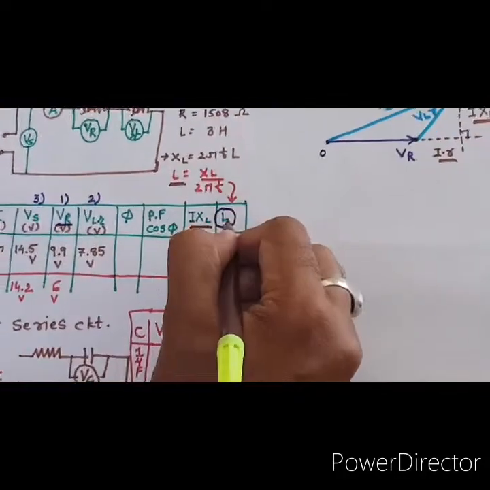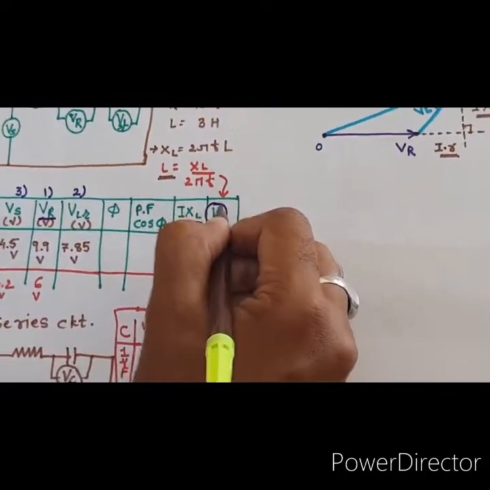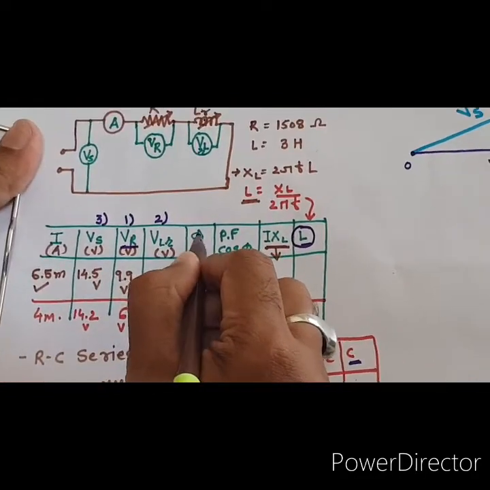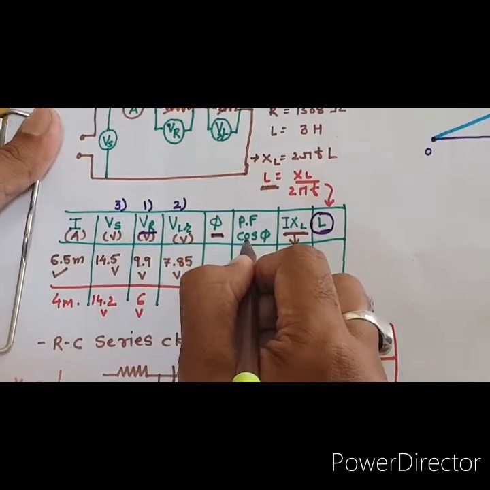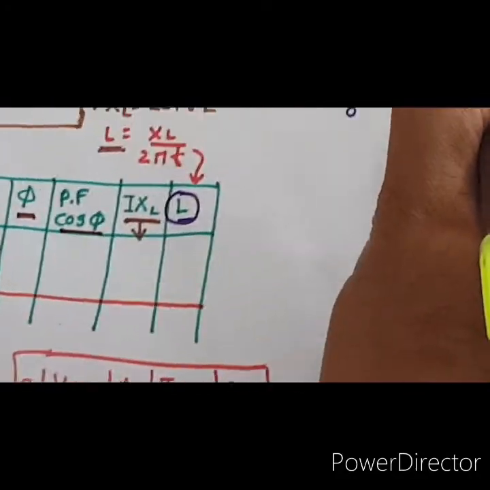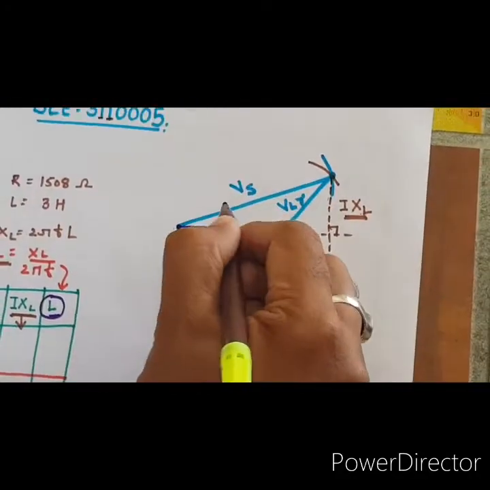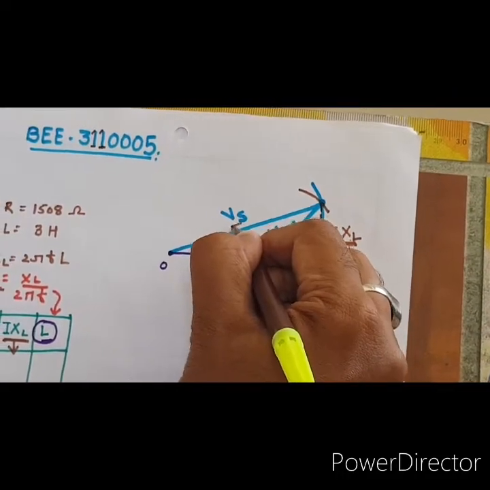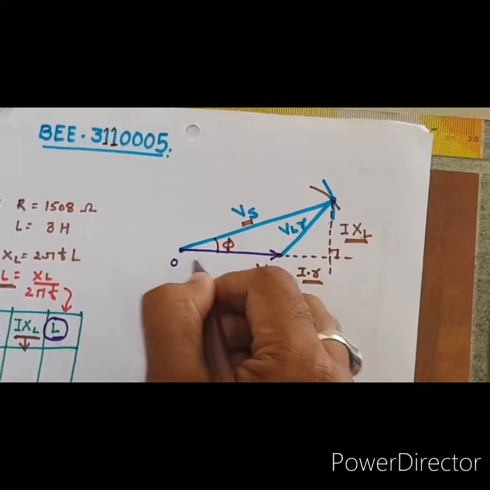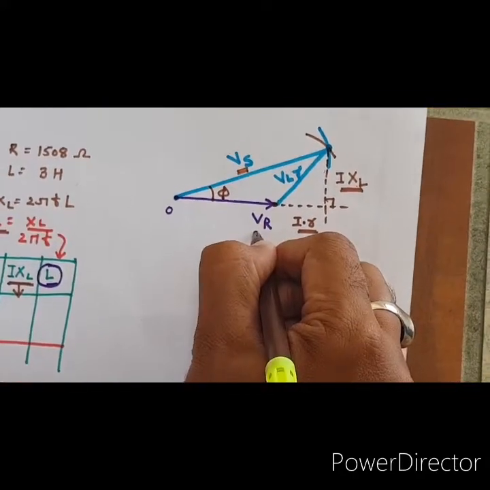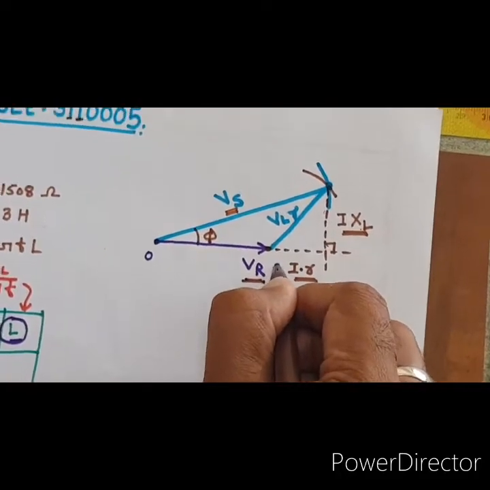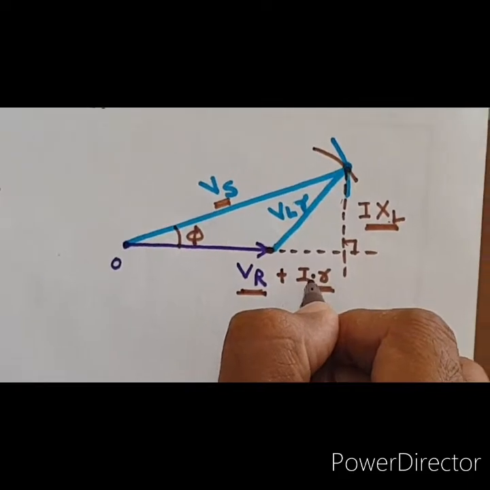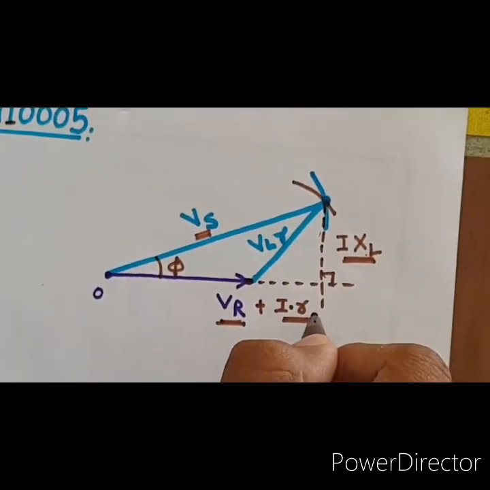After finding the inductor value of this RL series circuit, the second part is to find the power factor angle and the value of power factor from this graphical method. This angle phi is between the supply voltage line and the horizontal line of voltage drop across the pure resistor plus the voltage drop in a part of the inductor coil in the form of resistance.